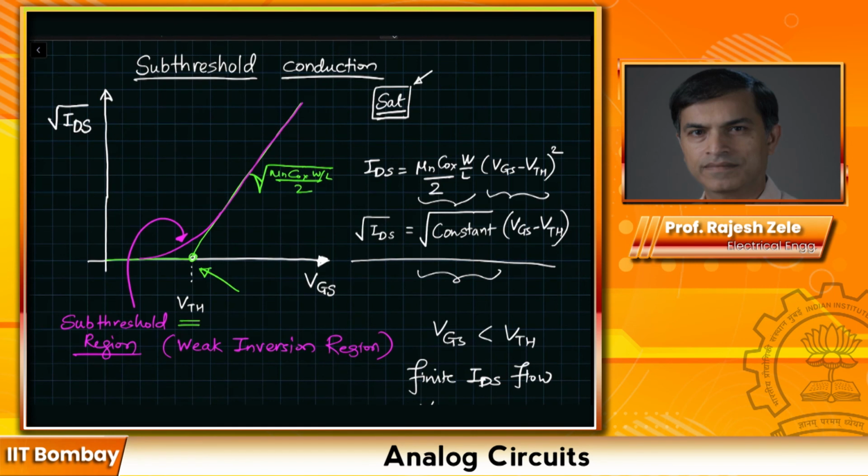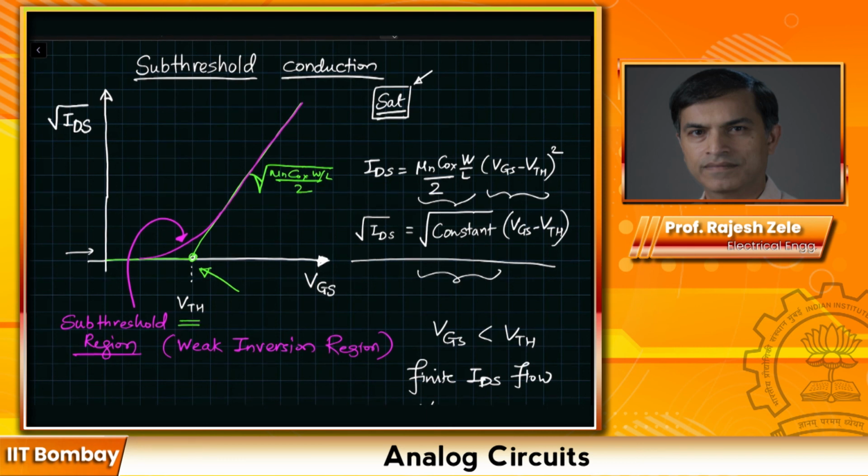An interesting point about operation in the subthreshold region is we are talking about really small currents, so we are operating the transistor in an extremely low current region. Naturally, this mode of operation is very low power, and many of the Swiss watches exploit this region of operation for the transistors. So just keep that in mind.